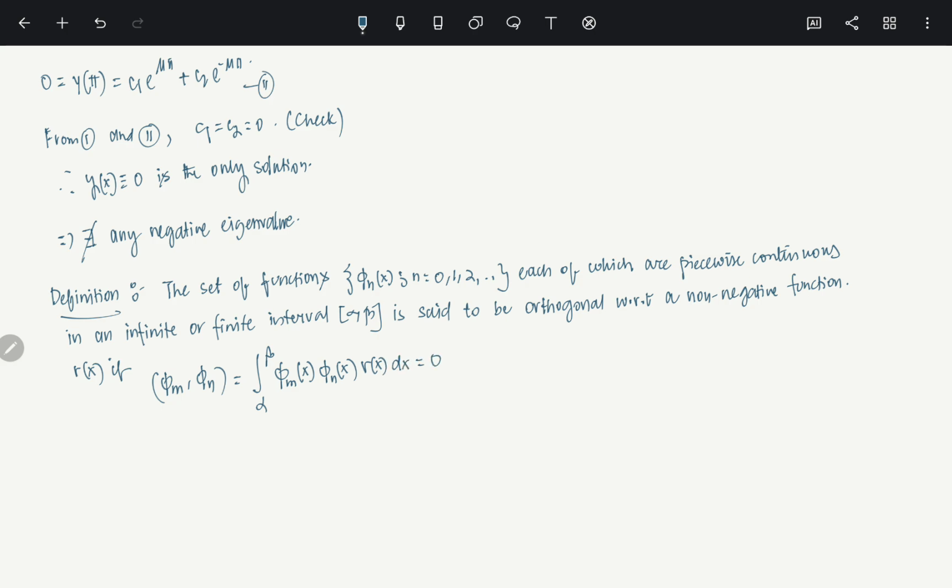This has to be 0 for all m not equal to n.